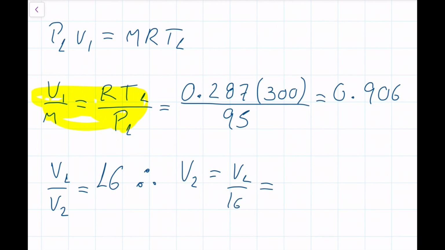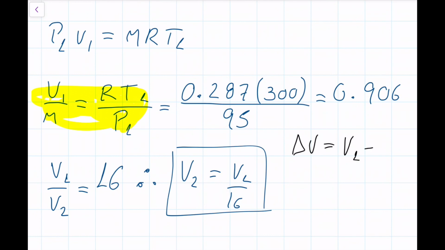We actually don't need to calculate this, because what we're looking for is the difference between V1 and V2. So delta V equals V1 minus V1 over 16.